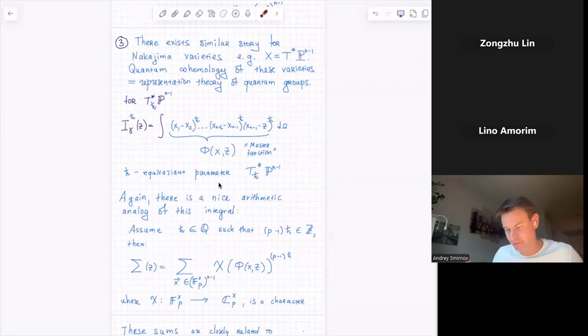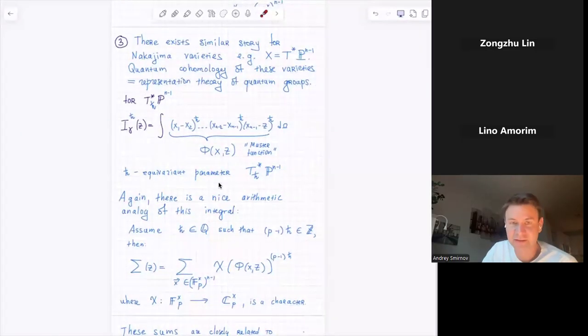There exists some quantum differential equation, there exists some quantum connection, and we know how to write integral solutions for these quantum differential equations. So, for example, if you study the cotangent bundle over projective space, you have to study this story equivariantly.